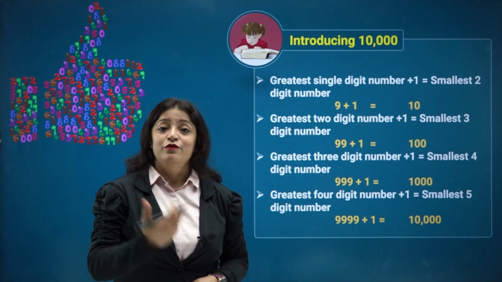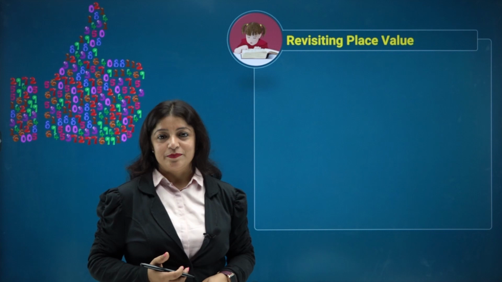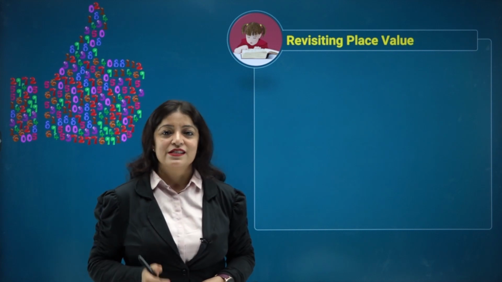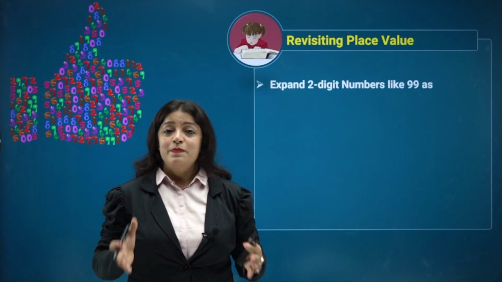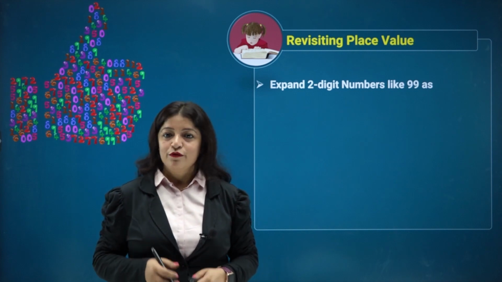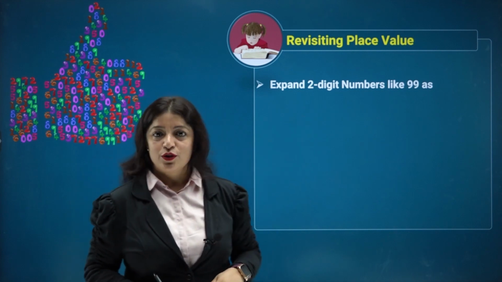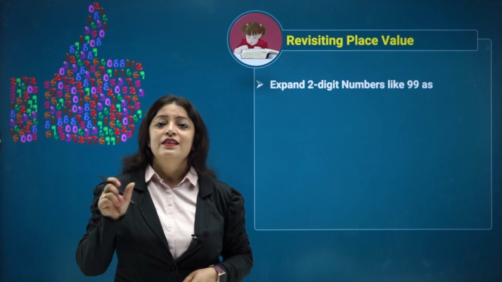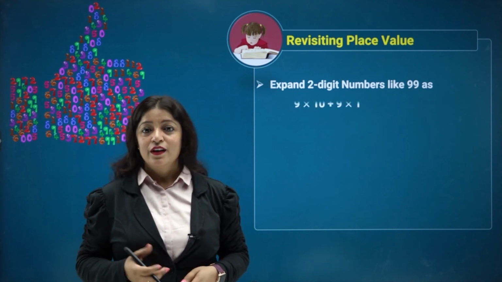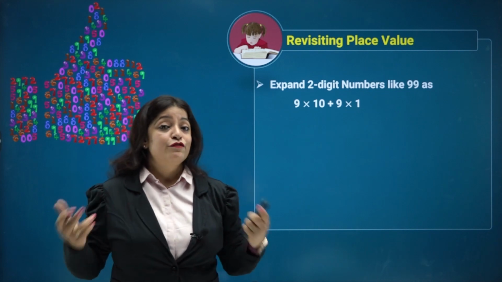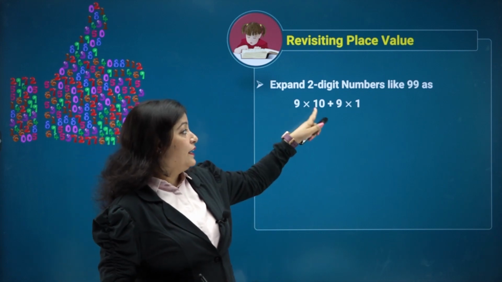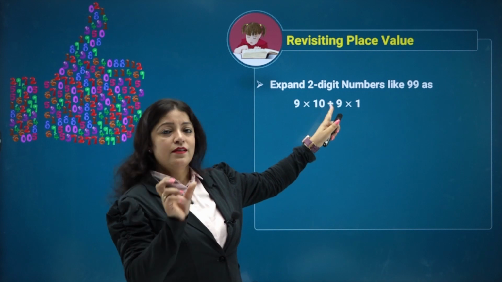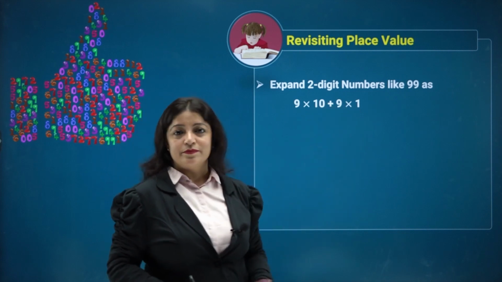Now how and where can we use these numbers? For this, let us revise the place values. So expanding a 2 digit number given to you, for example 99 is given to you. How can we expand 99? You can write 99 as 90 plus 9. Okay, but 90 can further be split as 9 times 10, and 9 can be written as 9 times 1.